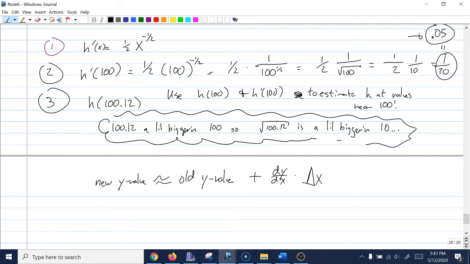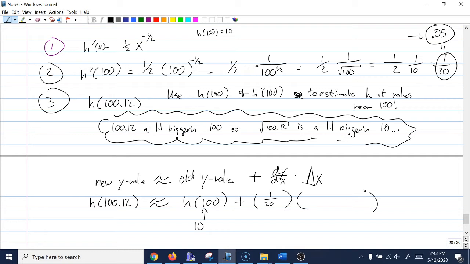We want to know what is h of 100.12. This format is telling us it should be about h of 100, which we can do. I know the square root of 100, it's 10. Plus the derivative, which we got was 1/20th, of the change in x.